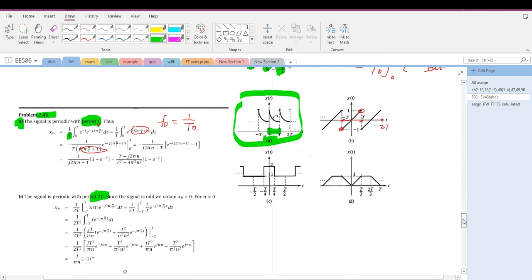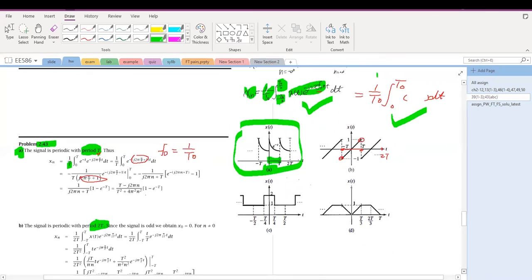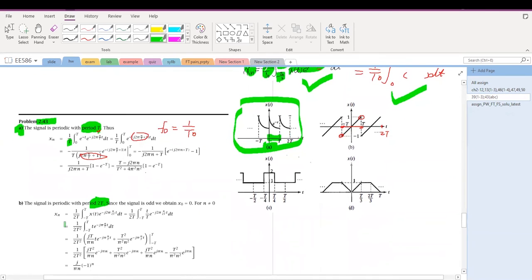And then we want to use this formula from minus half T naught to half T naught, because you can see this signal is symmetric from minus T to T. Whichever integral is convenient for us, we take it. So in this case, half T naught is T, and minus half T naught is minus T. The linear function is t divided by big T. And the period is 2T.